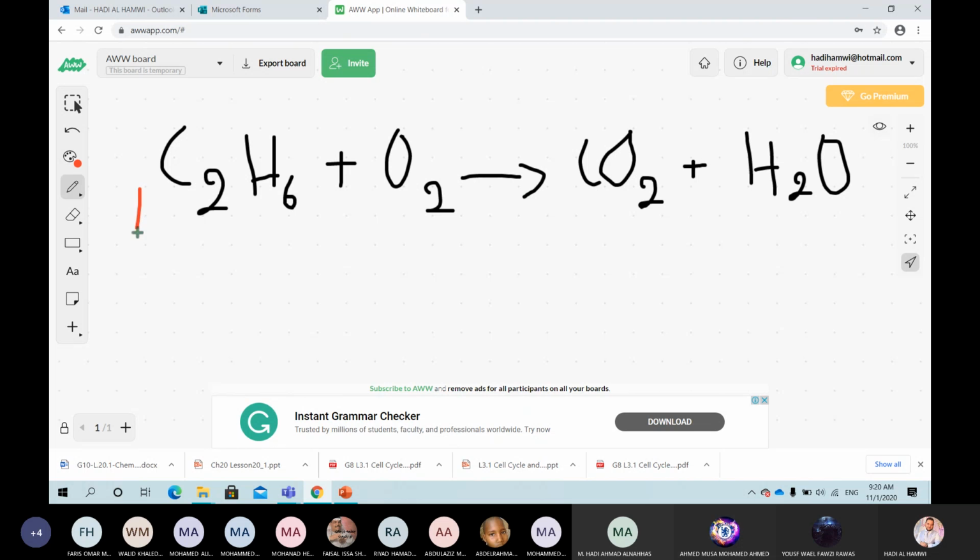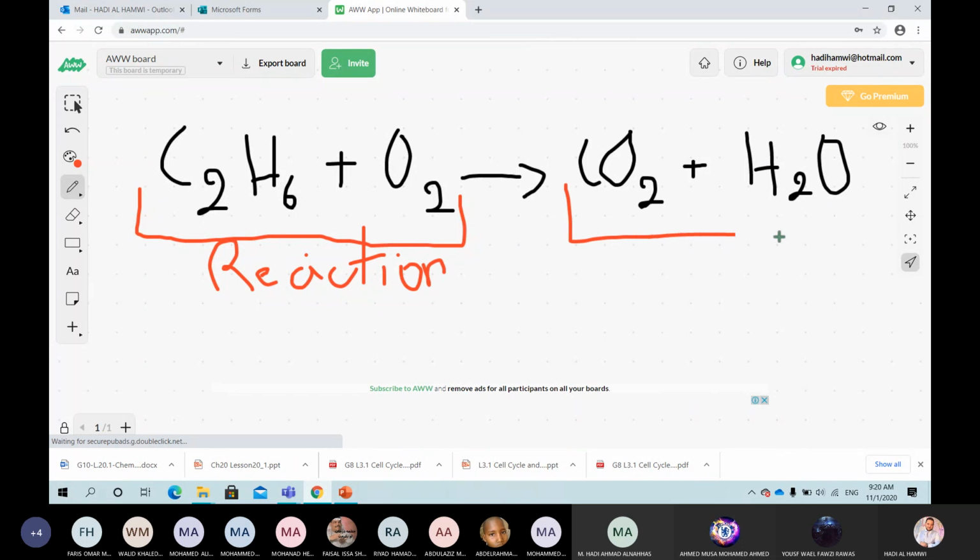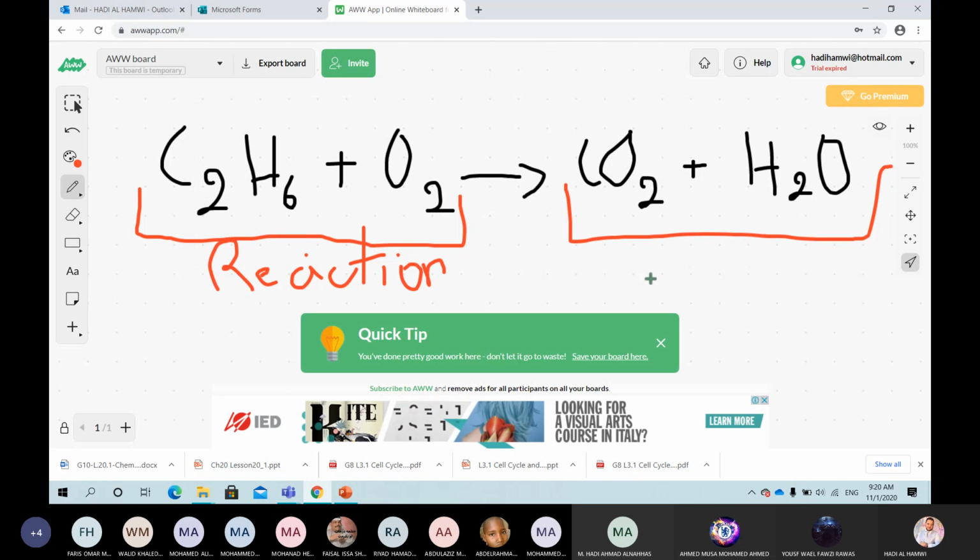Here, these we call the reactants. Why do we call them the reactants? Because they are the substances that I started my chemical reaction with. And the products are these. Why do we call them the products? Because they are the substances that are produced at the end of the chemical reaction.